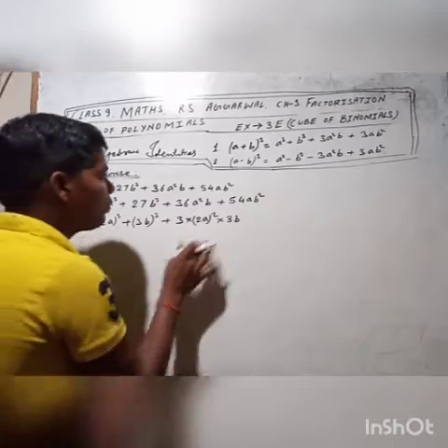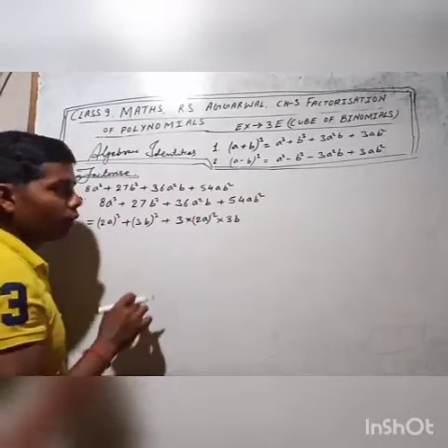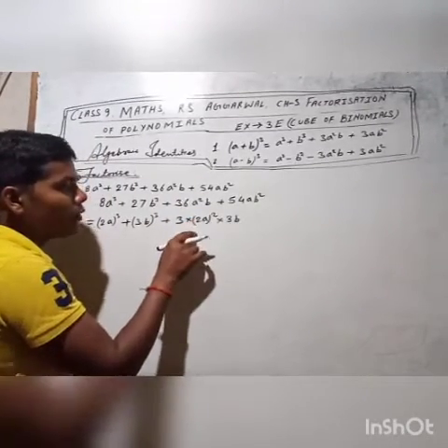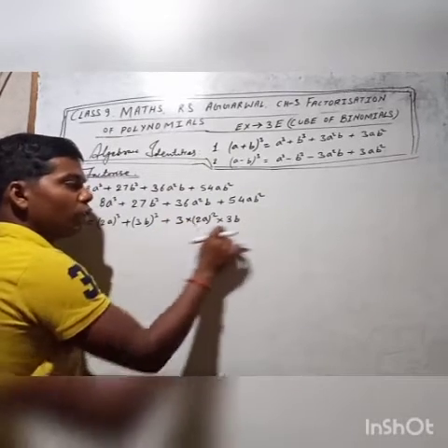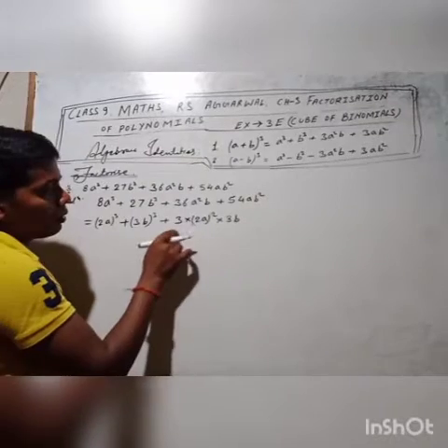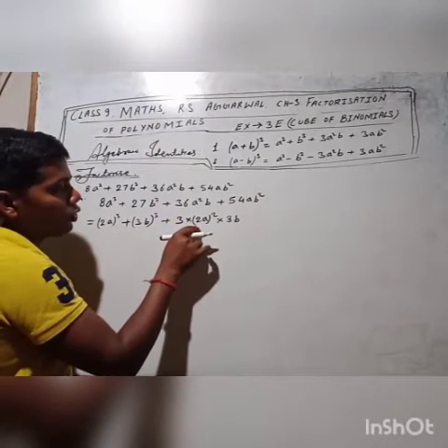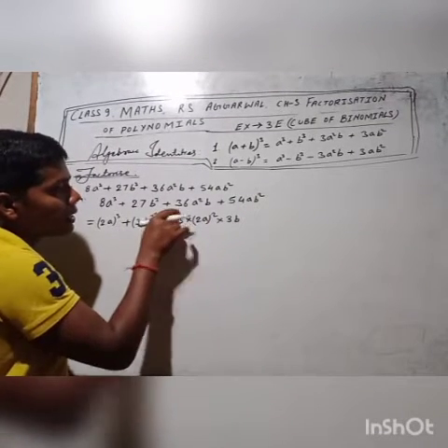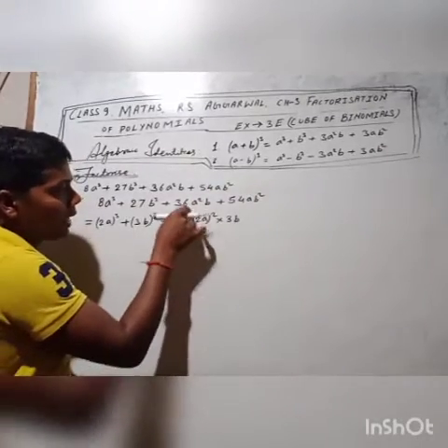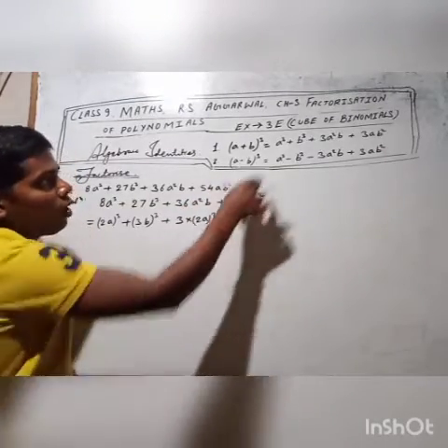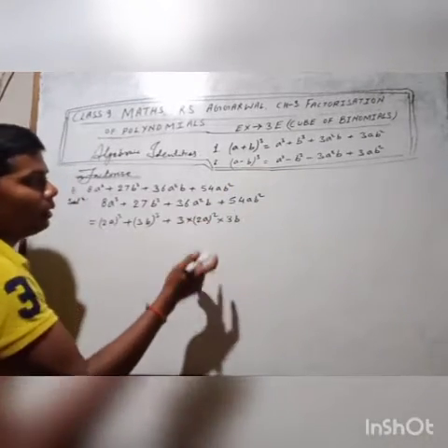Now simplifying, 2 square will give 4, and the product of these three factors: 3 fours are 12, 12 threes are 36, and a square b.